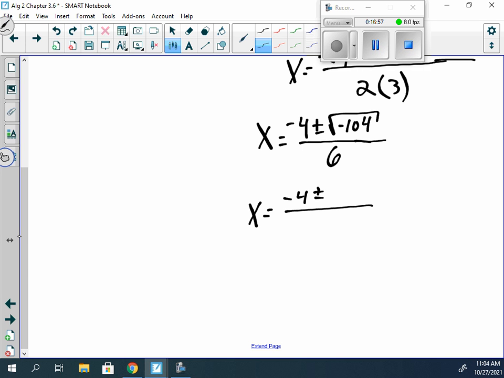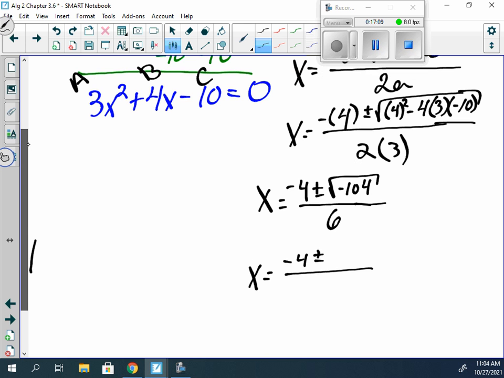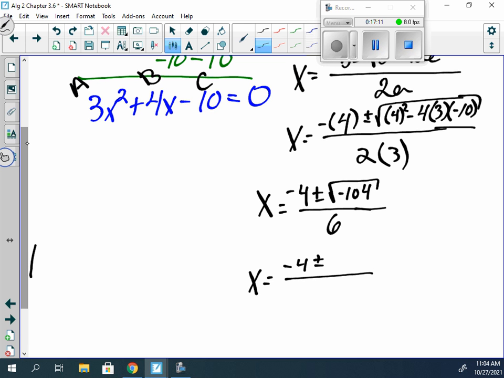Now we do need to take the square root of negative 104, which would be... negative 104 does not seem right.